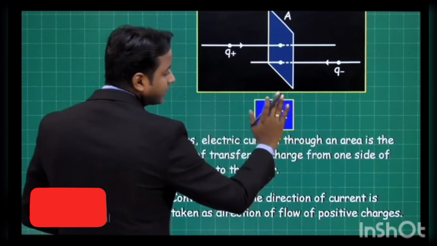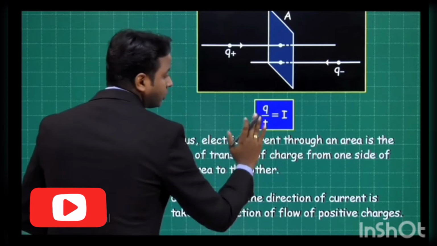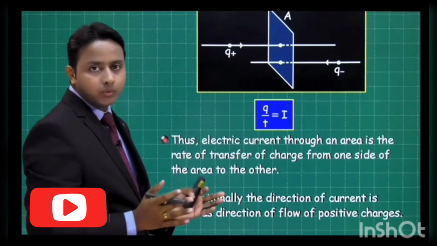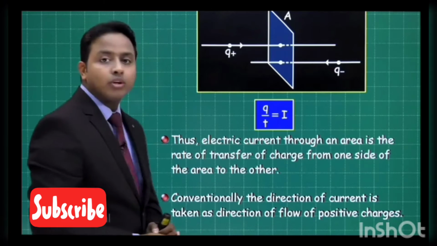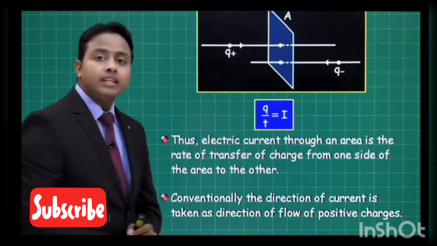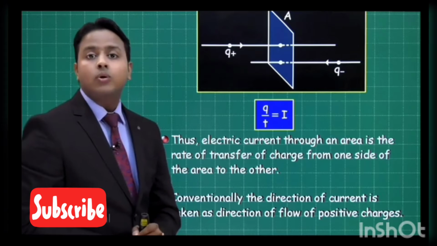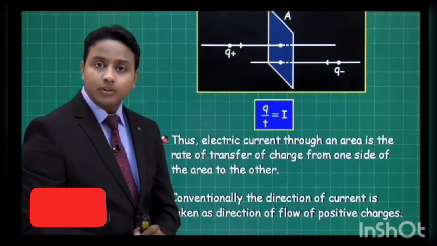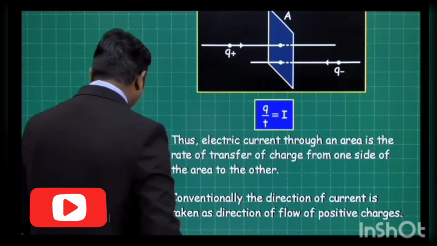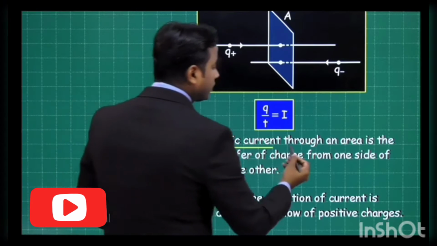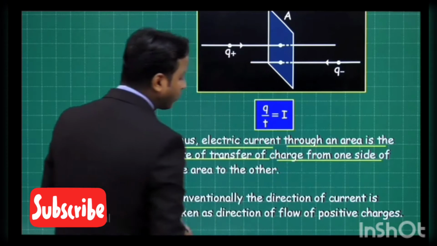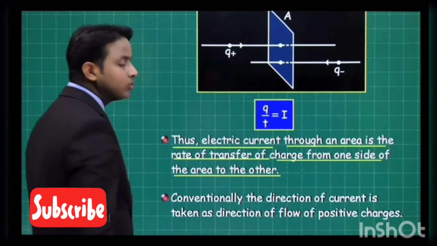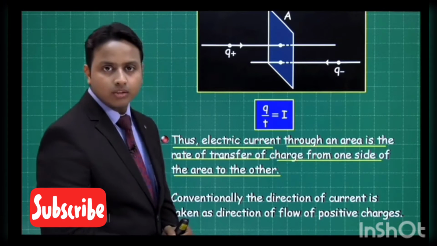So obviously current is defined as charge flown divided by t. Charge has a unit of coulomb, time has a unit of second, and coulomb per second is given a new unit that is called ampere. So current has an SI unit of ampere. So we can define it over here: electric current through an area is the rate of transfer of charge from one side of the area to the other. I hope this is very clear to you.